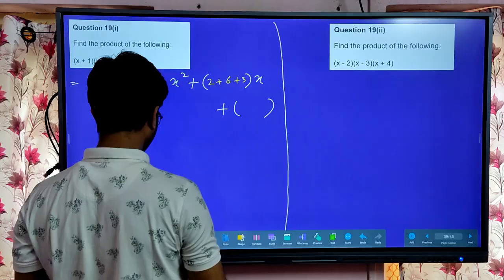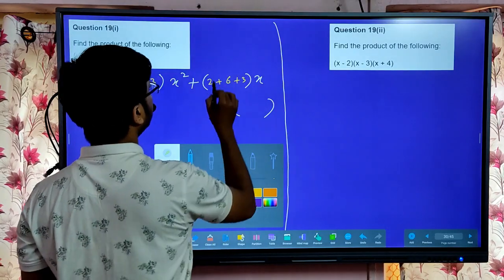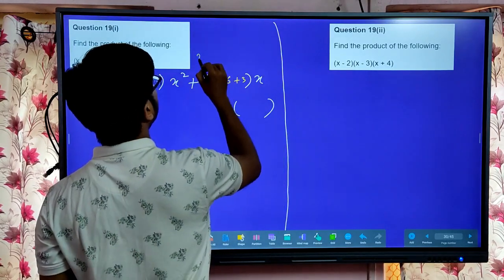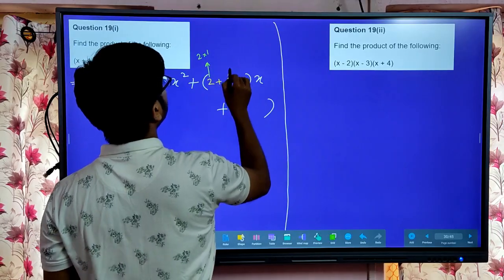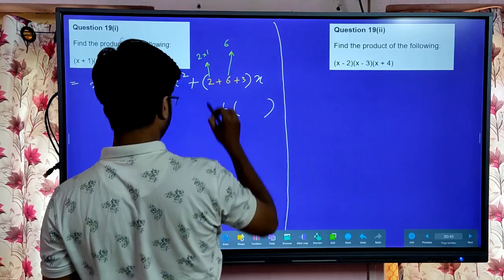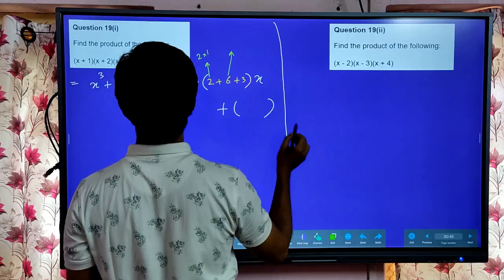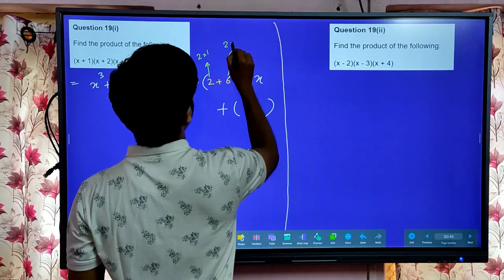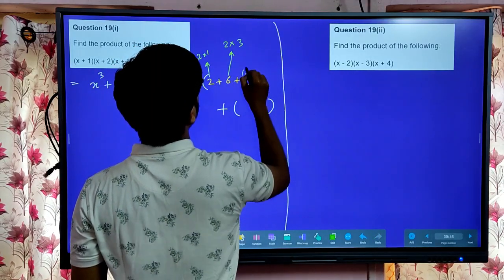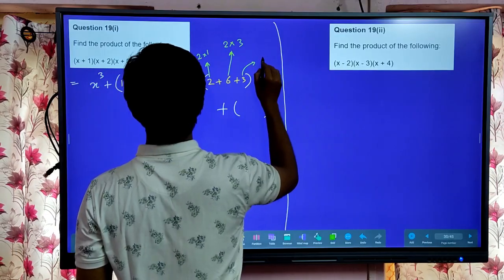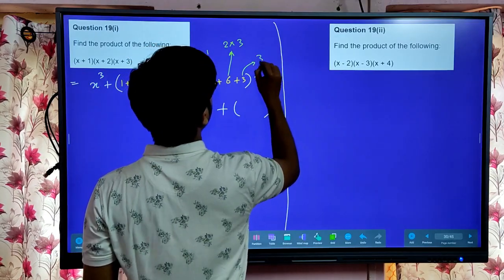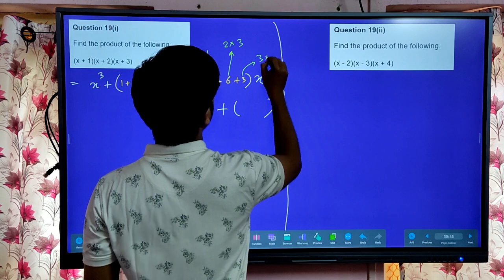Basically what I have done, I have written directly: this 2 is basically 2 into 1, this 6 is basically 2 into 3, and this 3 is basically 1 into 3, it's 3 into 1, ca.